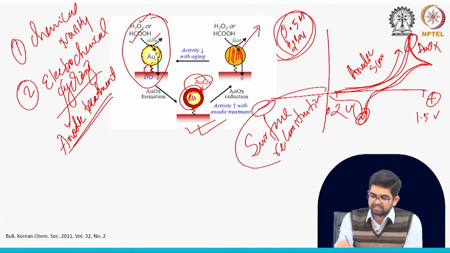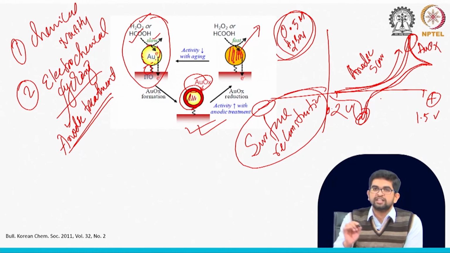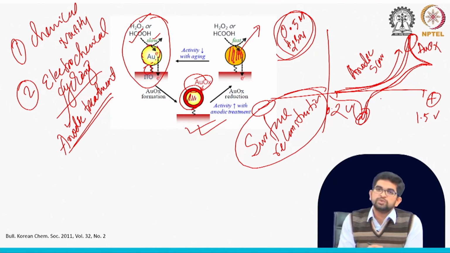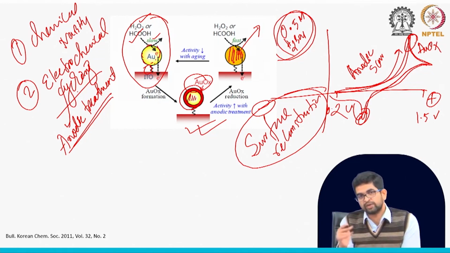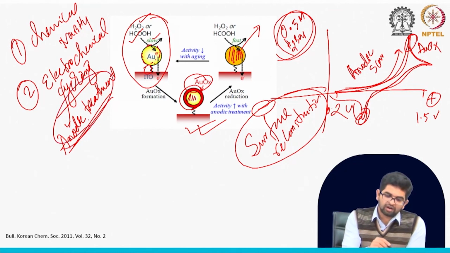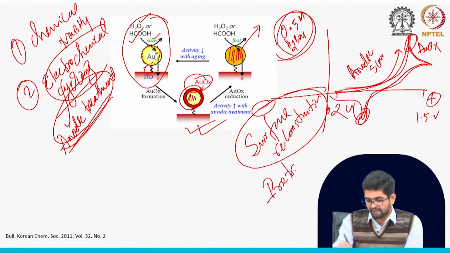This is the assumption, just surface reconstruction, but you may see the gold oxide oxidation and reduction also on the surface. This may further improve your gold coated surface electrocatalytic activity. So this is called anodic treatment or electrochemical cycling. This is another pre-treatment.